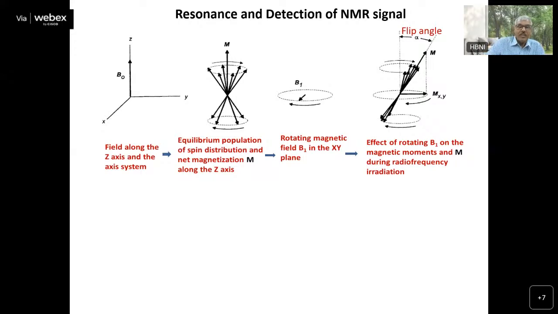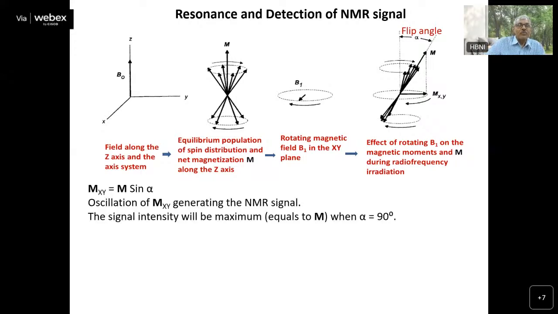What I have shown here is that when you apply the magnetic field along the z-axis and put the sample into the field, there will be a distribution of the spins between the two states, and equilibrium will be reached after a certain time, and I have told you how that is governed by T1 relaxation. So now you will see a resultant magnetization M, which is shown here.